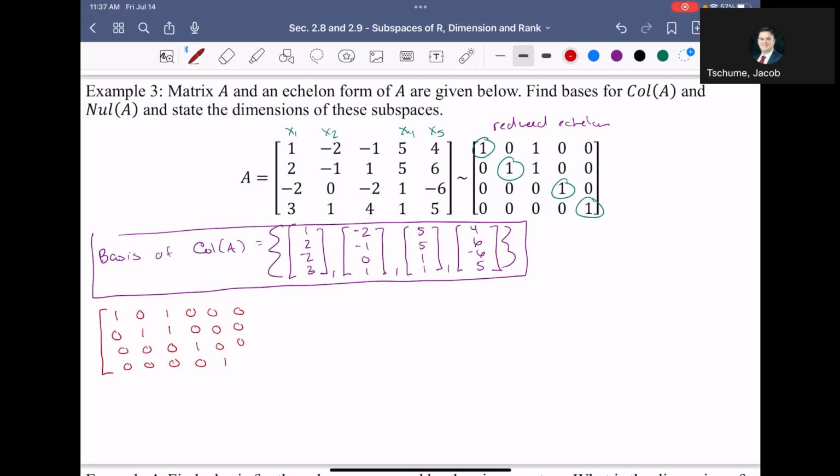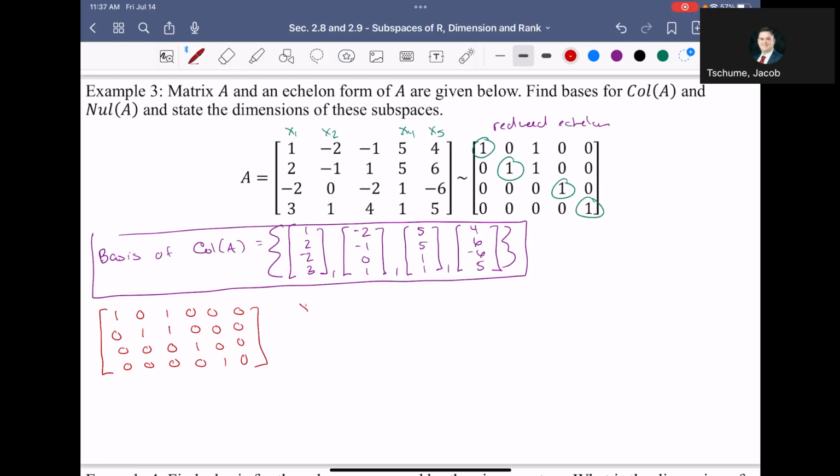And I'm going to add the column of zeros on the end. Now, unlike the last one where we had to keep reducing it, this one's already in reduced echelon form for you. So we can go right into the steps of solving this.